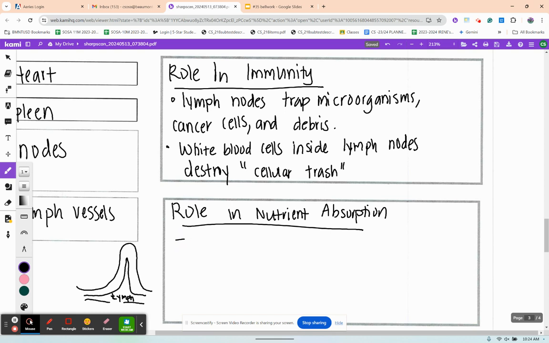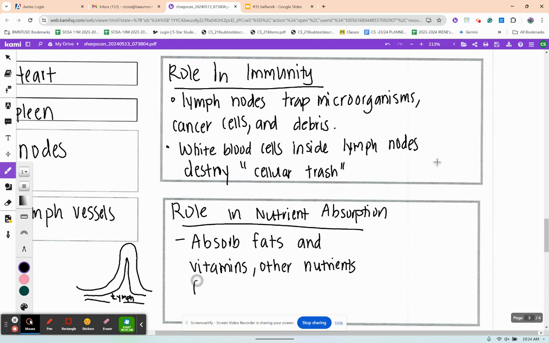Role in nutrient absorption. We absorb fats and some vitamins. And some other nutrients from the lining of the intestine, so intestinal lining.